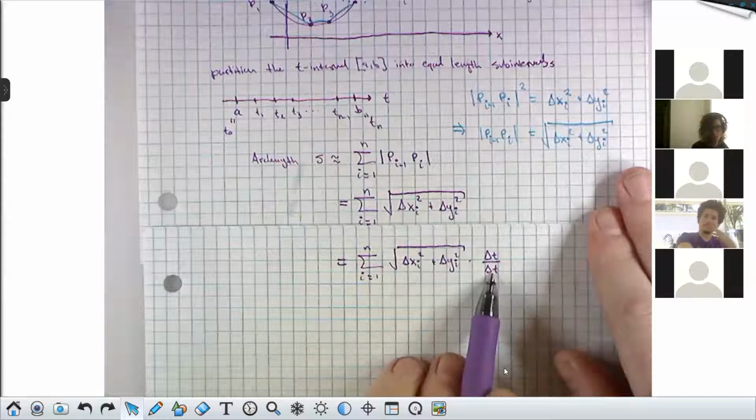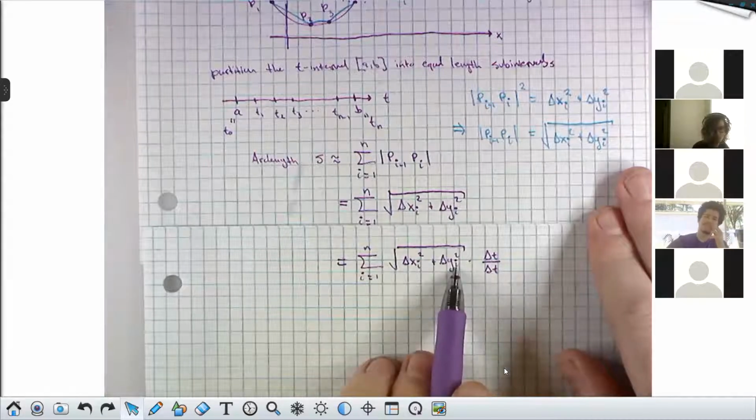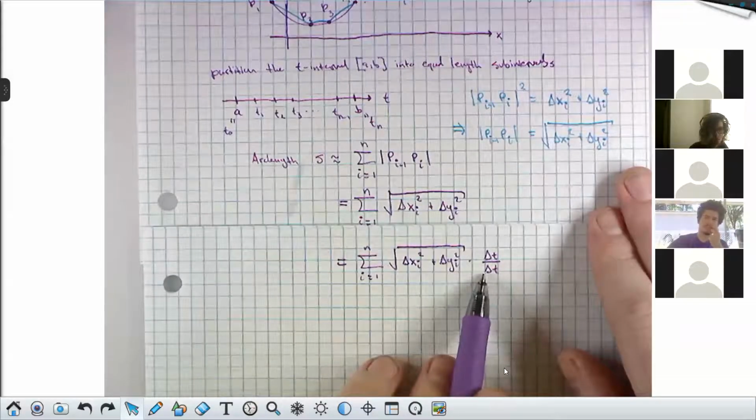Now the delta t downstairs, I'm going to move inside the square root as the square root of delta t squared.